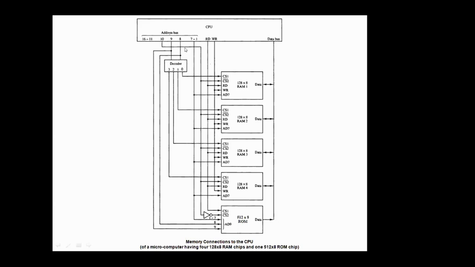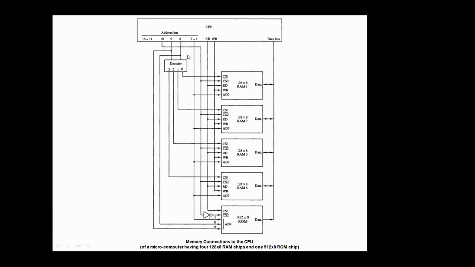So this 10th line, we can see it goes to CS2 bar. Here also in RAM 2 again CS2 bar, in RAM 3 again CS2 bar, in RAM 4 again CS2 bar. And we know that whenever there is a bar, it means that this chip will be selected when the input is 0.